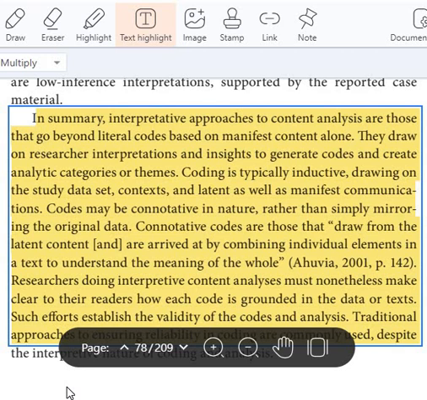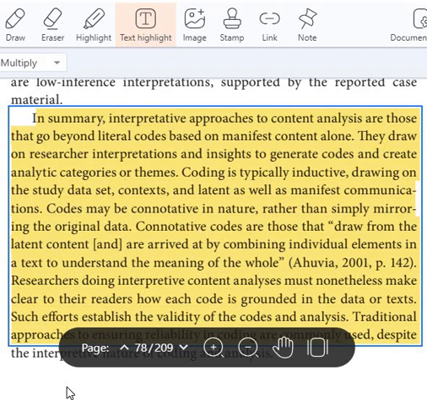Coding is typically inductive. Alright? Drawing on the study data set, on the contexts, on the latent as well as the manifest communication. So here the focus is on the latent, but this doesn't mean that we don't use the manifest. We should use both of them.